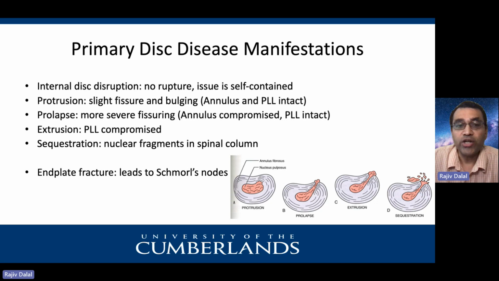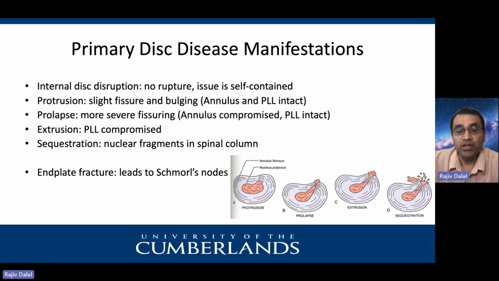Finally, we have a sequestration, which is severe enough that not only is nuclear material bulging out through the annulus fibrosus, but fragments of it have broken off and can potentially be within the spinal column. So this is the general progression of primary disc disease.